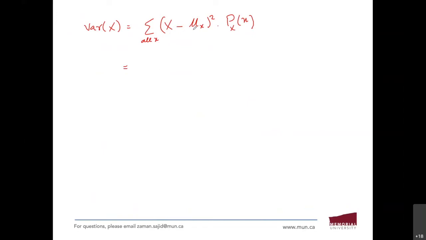Now x minus mu of x, so the first x is 70 here.